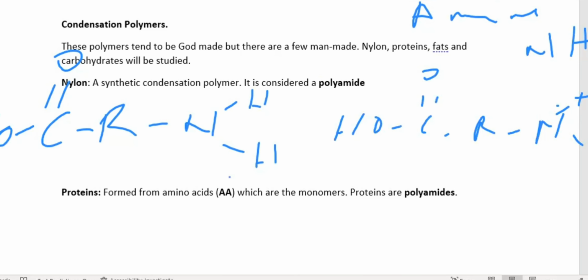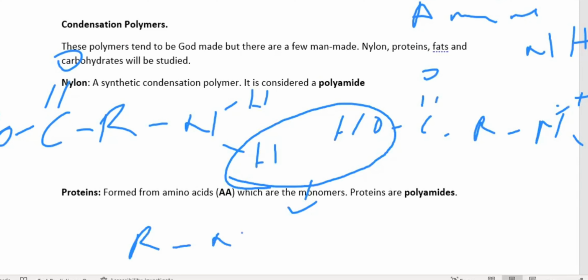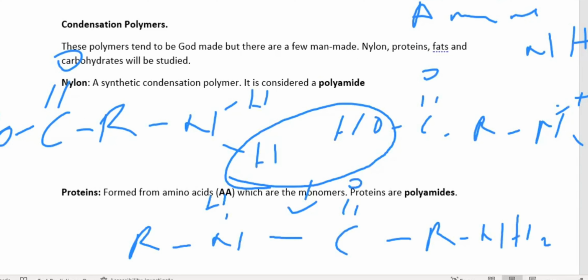Your water is going to be H2O like that, and you remove that. Now the product: you end up with R bonded to nitrogen, which has a hydrogen, bonded to carbon double bonded to oxygen, bonded to R, bonded to NH2, and over here you have COOH.